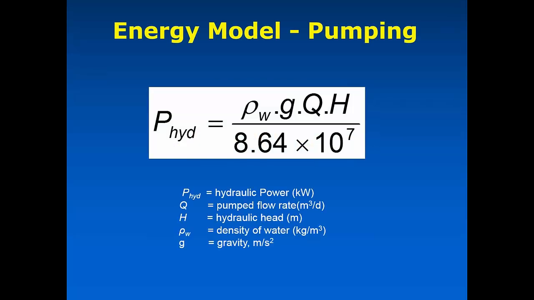So just a last few words about the energy calculations before we get into the case study. The energy model itself is a really straightforward calculation to get us from the pumping rate to the amount of power that's required. It's just this equation here. We can see it's a function of the flow rate and the amount of head that's required.